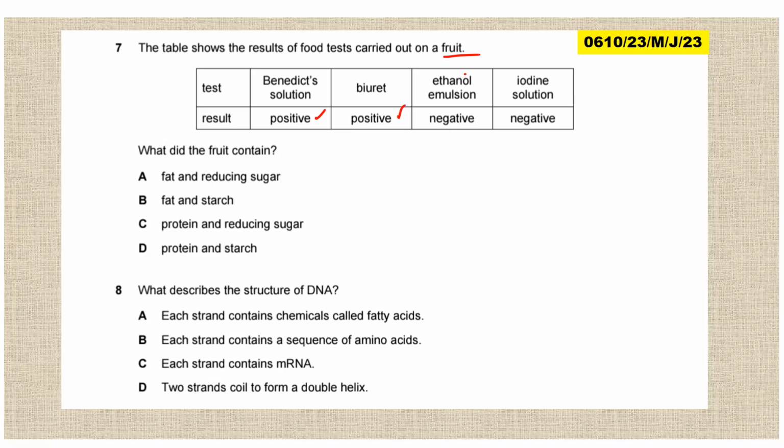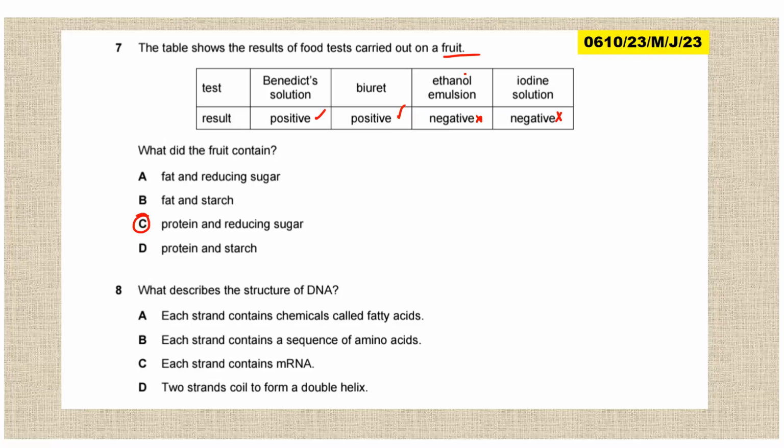Ethanol emulsion for fats, negative. Iodine solution, negative. So this fruit had no fats and no starch, but had proteins and sugar. So what did the fruit contain? Protein and reducing sugar.